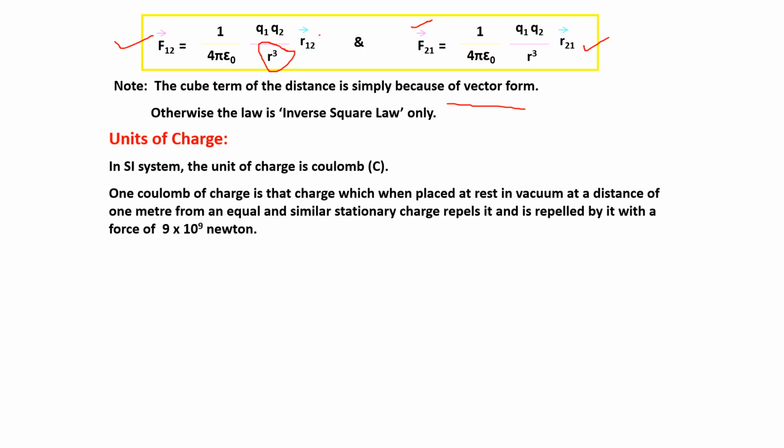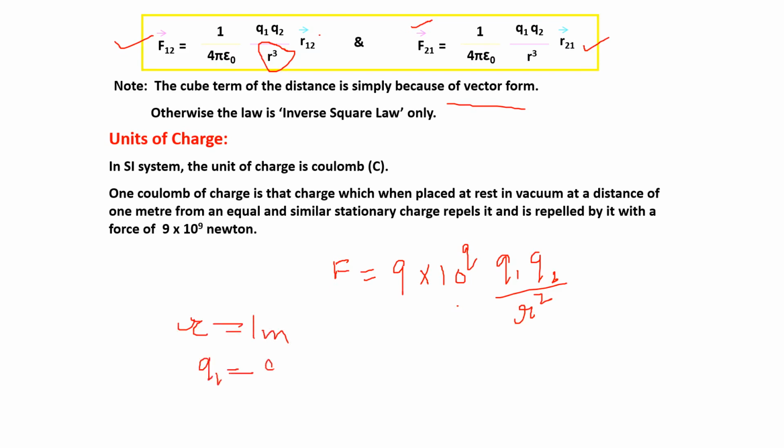9 into 10 raised to power 9 Q1 Q2 upon r square. So if we take r equal to 1 meter and Q1 equal to Q2 equal to Q, and F equal to 9 into 10 raised to power 9 newton.